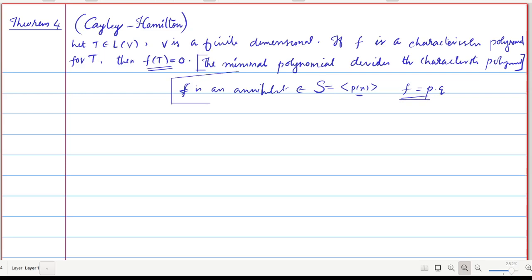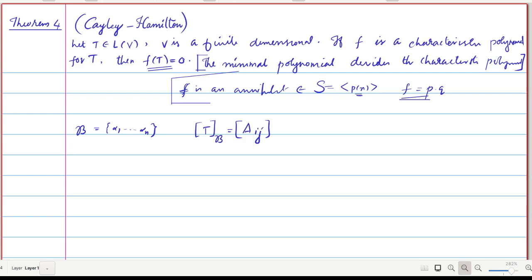To prove this, we start with an ordered basis B consisting of alpha 1 etc. alpha n of V. Then we know that the matrix of T can be obtained using this B. That means the matrix of T with respect to B is the matrix Aij.